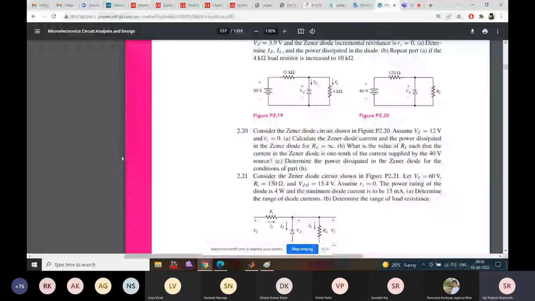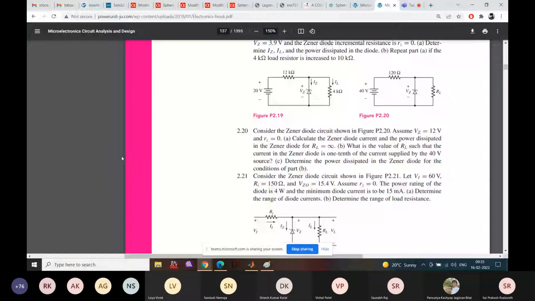Consider the Zener diode circuit shown in figure 2.20. Assume the Zener voltage is 12 volts. Find the Zener diode current and the power dissipated in the Zener diode for the given RL. What's the current flowing through the Zener in 2.20? 0.23 ampere.